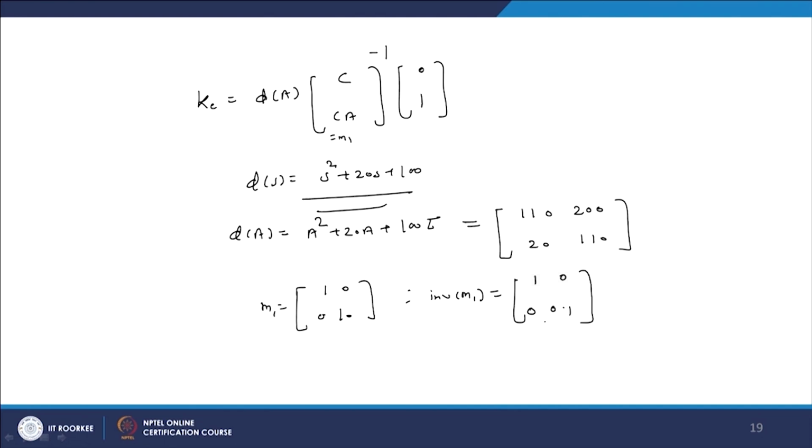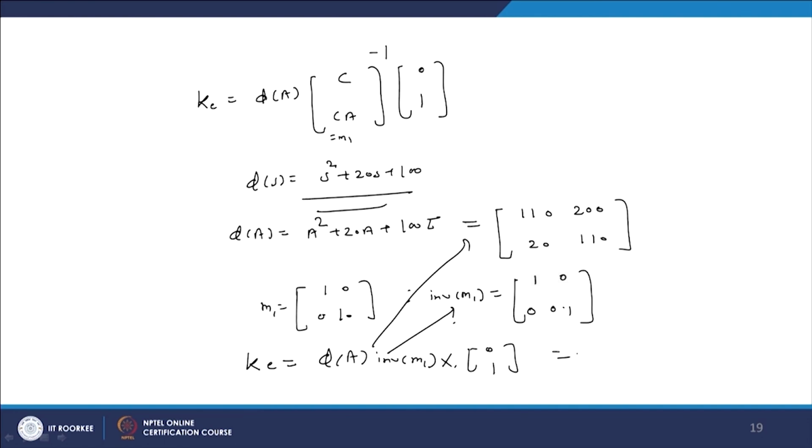And now this observer gain matrix Ke is nothing but this phi of A which we determined here, then the inverse of m1, multiplied by this [0 1], and if you do the calculations, what will you get?